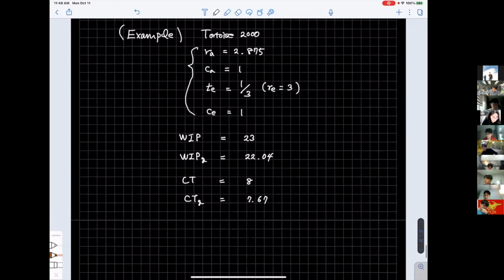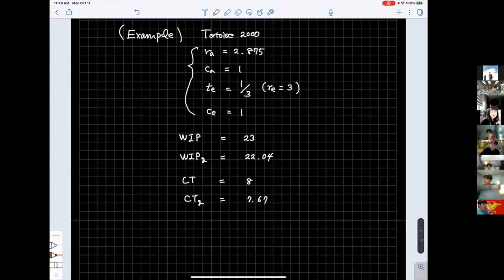This machine, there is only one machine, and the arrival rate and the variability is not high. It's just exponentially distributed.